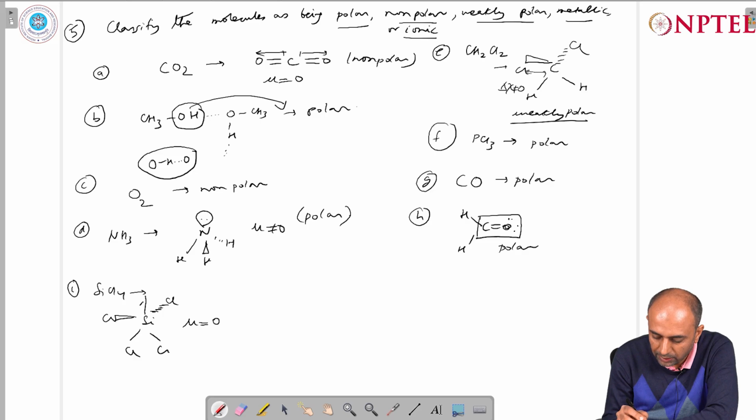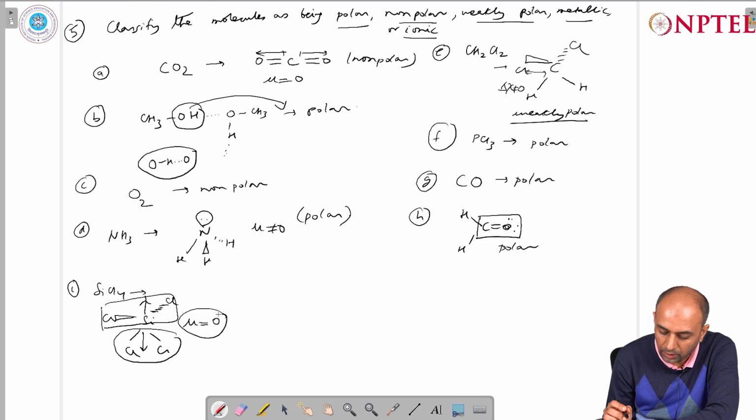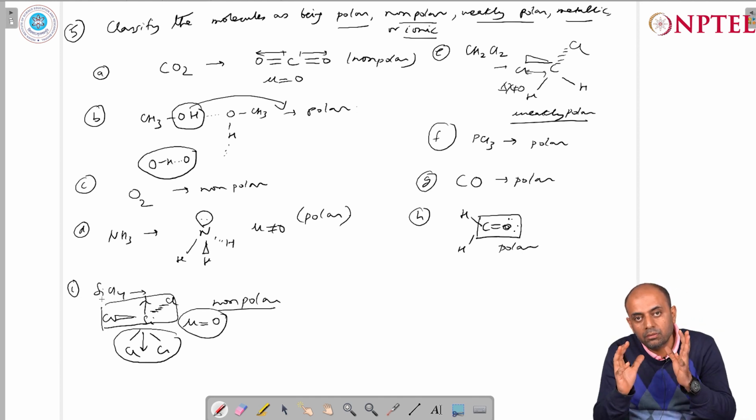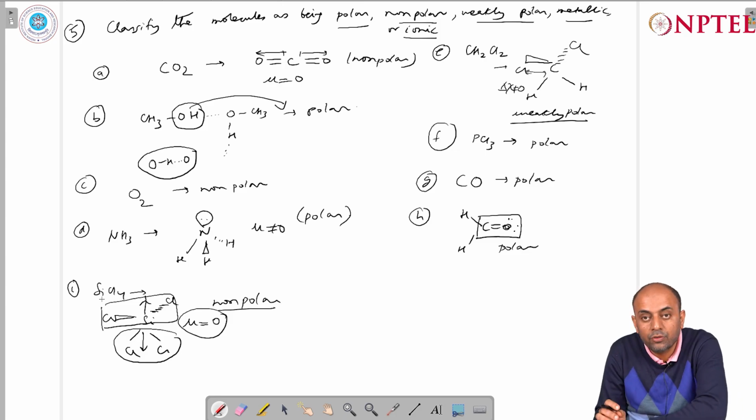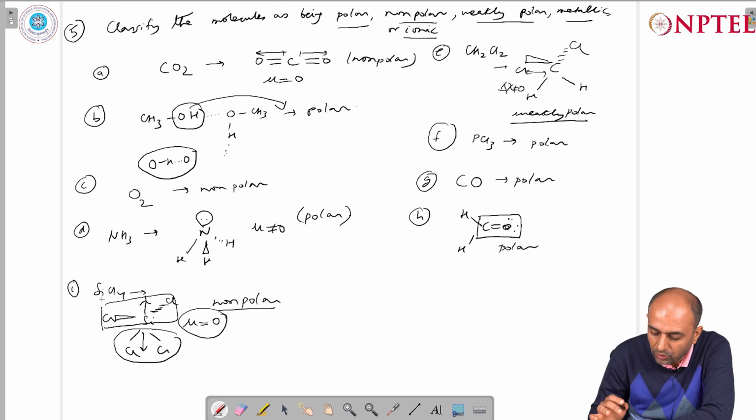So this is the resulting dipole moment coming from this part, this is the resulting dipole moment coming from the bottom part, therefore these two cancel out, giving rise to a net dipole moment of 0. So it is a non-polar molecule. Although the individual bonds are polar, the overall distribution of the dipoles is such that they cancel each other, and therefore the net dipole moment in the molecule is 0, therefore this is a non-polar molecule.